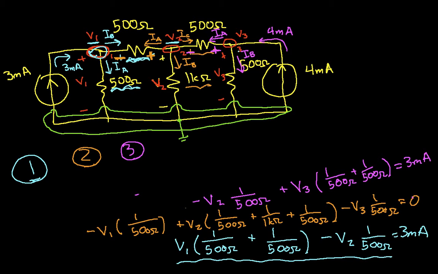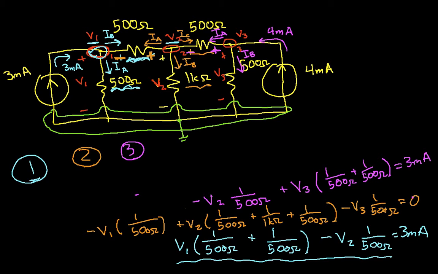And so you'll notice that node 1 is connected through this 500 ohm resistor to node 2. And that 500 ohm resistor shows up as 1 over 500 ohms, and I've got a negative sign on V2. The current that's flowing into the node is 3 milliamps.